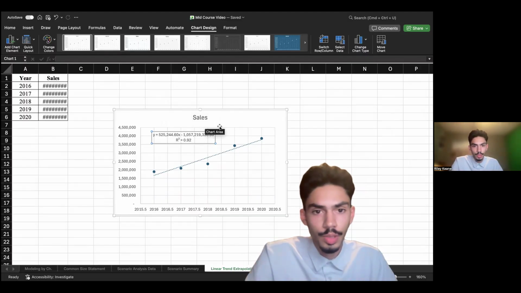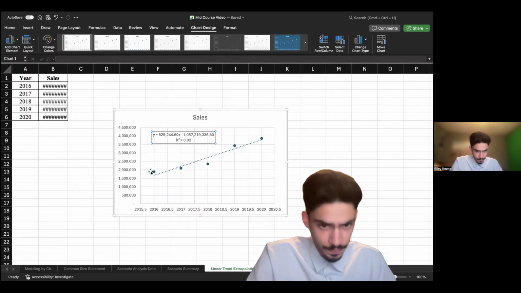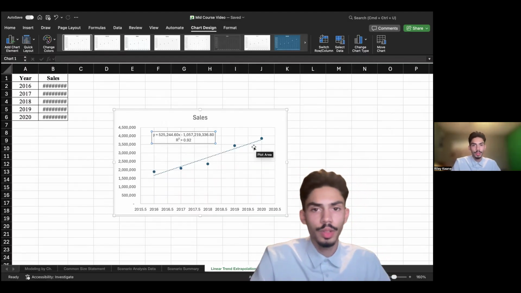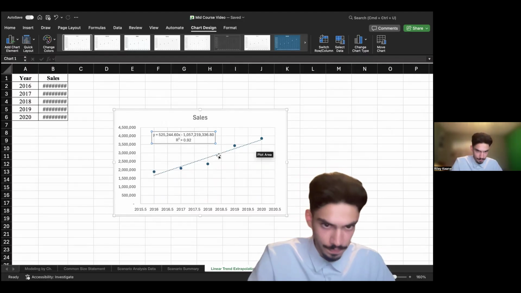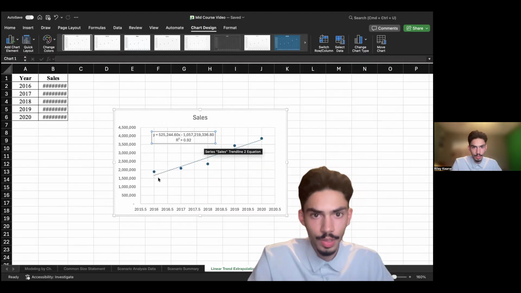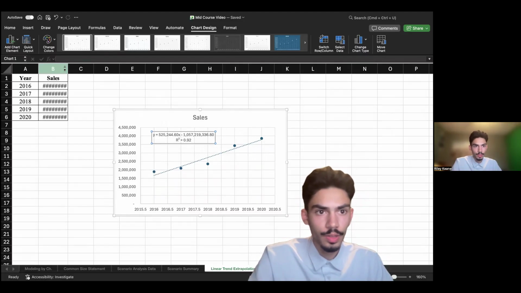So this is a pretty strong correlation. And we can see the equation for how our points on this graph would chart out. So we have the intercept here and the slope here steadily growing with a strong correlation.